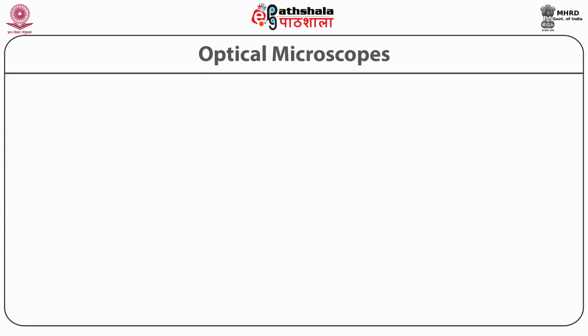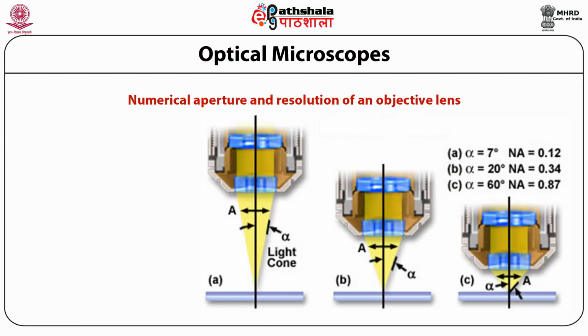So numerical aperture and resolution of an objective lens is explained in this slide. The numerical aperture of any objective lens is a quantity which depends on the refractive index n of the immersion medium times the sine of angle alpha, and alpha is the angle of the cone of light that is accepted by the objective lens.